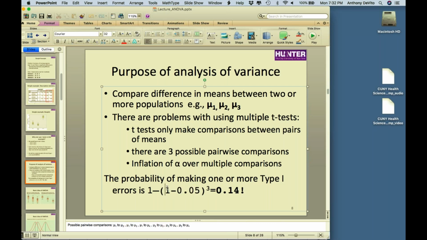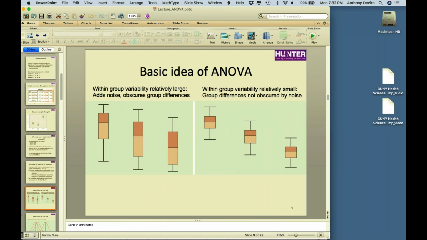It's taken our 1 minus 0.05, which is 95%, and cubed it. They multiply this level of error, 0.95 times 0.95 times 0.95, and subtract it from 1, and this is your new level of error. Instead of alpha's 0.05, now if we do it that way, it's going to be 0.14, which is not tolerable.